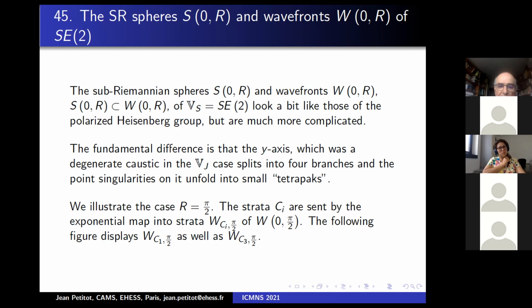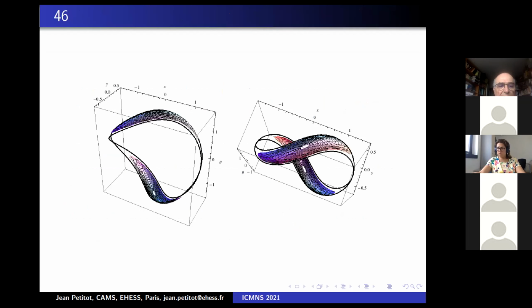The strata Ci are sent by the exponential map into strata WCi, and the following figure displays WC1, the oscillating part of the pendulum, and WC3, the image by the exponential map of the C3 intermediary strata. So here it is in some sort the half of the sub-Riemannian sphere.